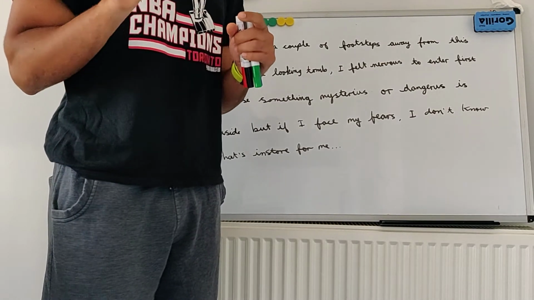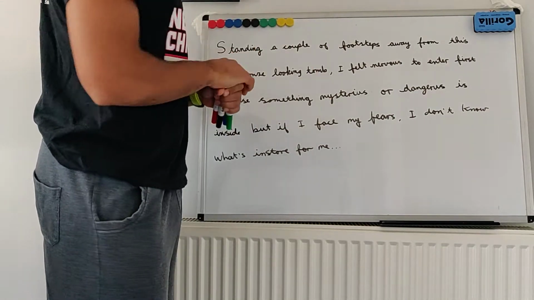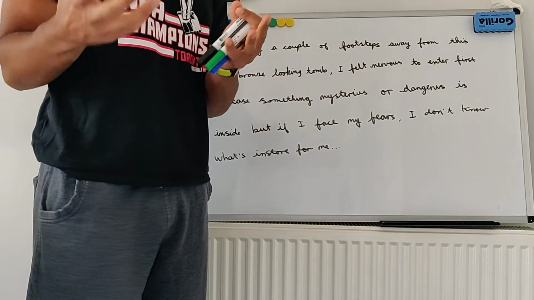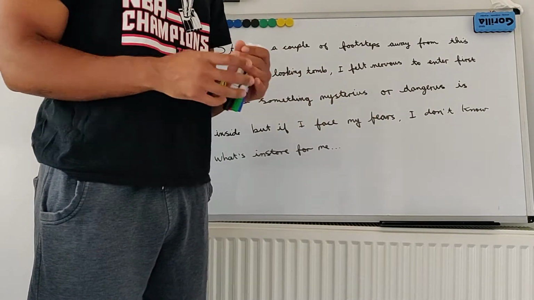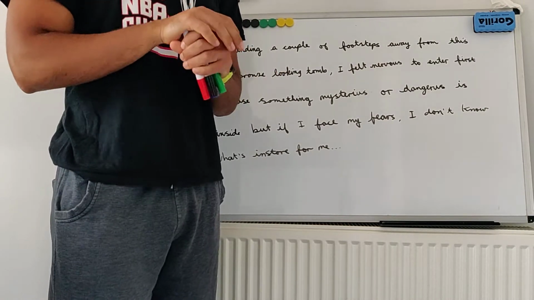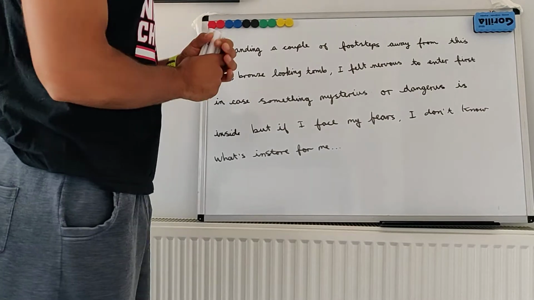So the first thing that I'm going to do is I'm just going to read my first paragraph out loud and see if it sounds okay. And then from there, I'm going to go to the next stage, which I'm going to show you in a second. So again, I'm just going to read it for you.